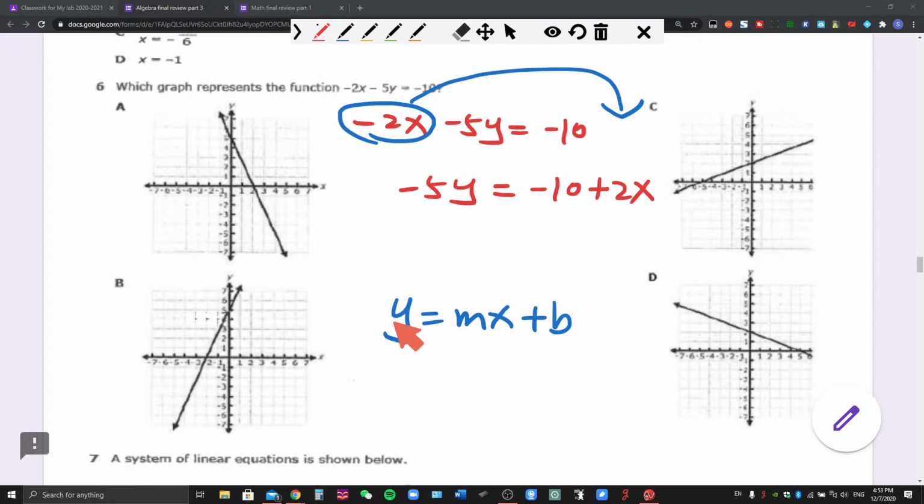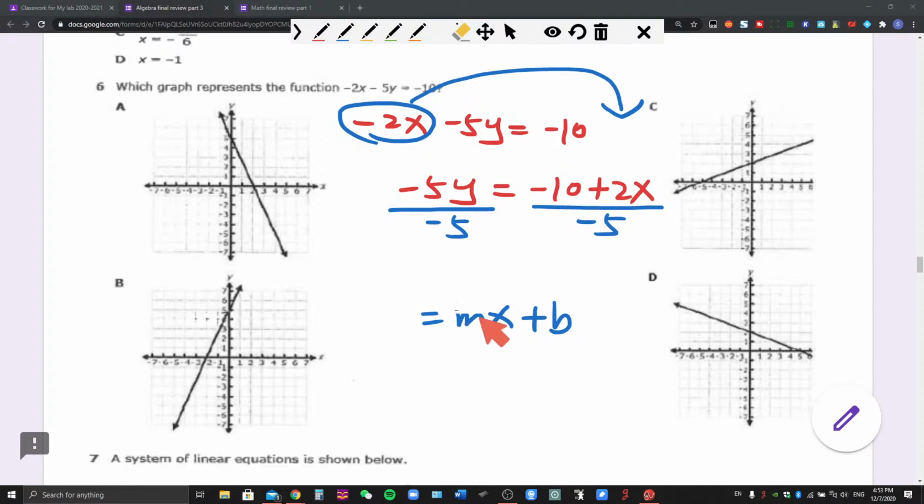And then we only need one y. We don't want a negative 5y, so we similarly divide by negative 5, because by doing so, they will cancel. You have just one y, and we divide by negative 5 on the other side.